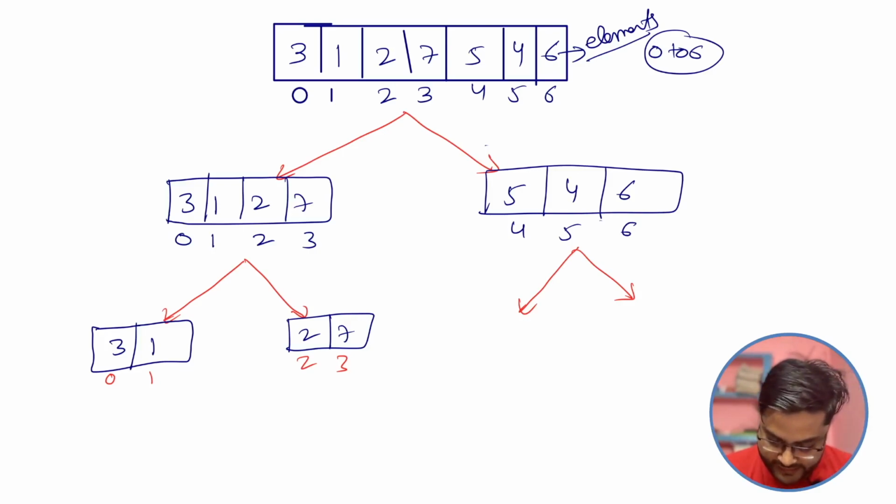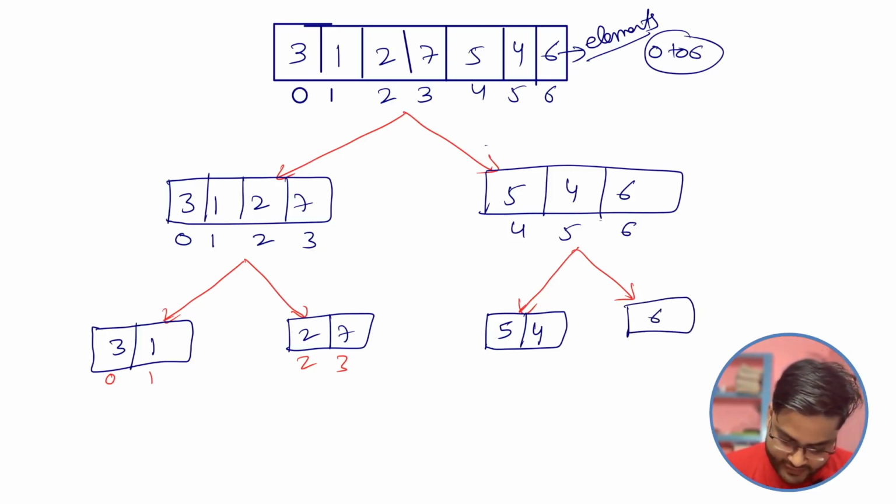Here also we divide it. There are 3 elements on the right side, so I can divide it into 2 and 1. So 5 and 4 will be here and 6 will be here, with indices 4, 5, 6.